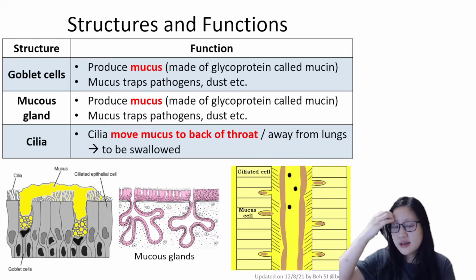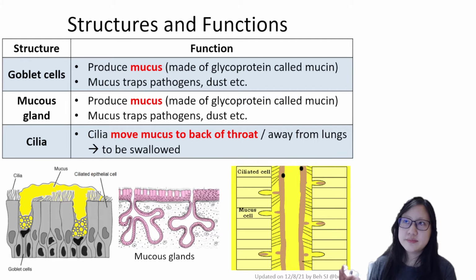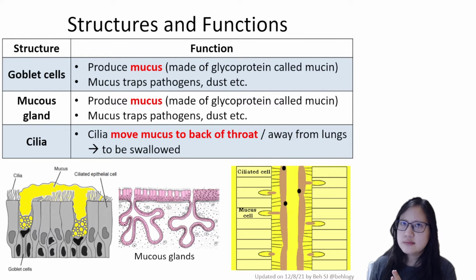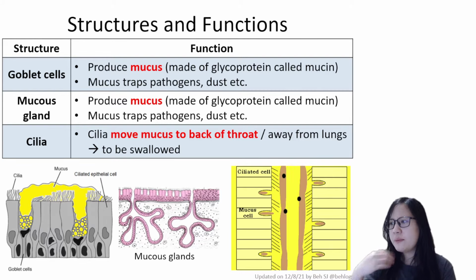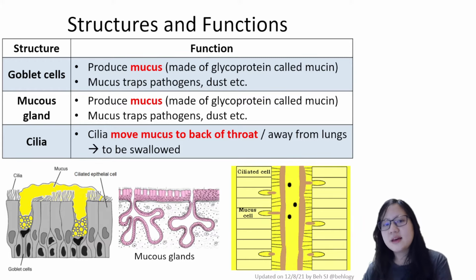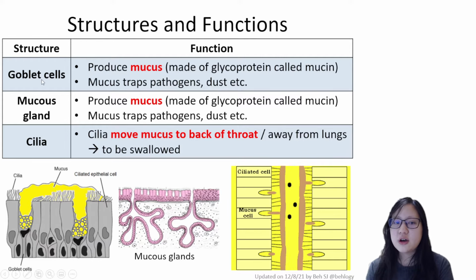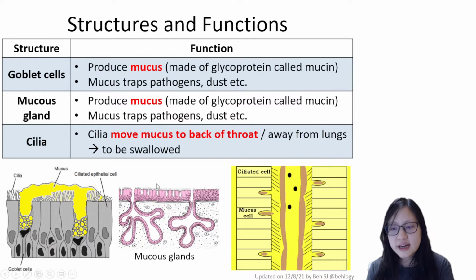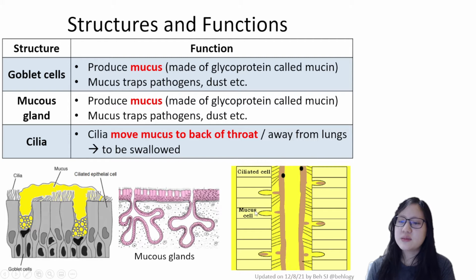Yay! So you actually eat your own mucus naturally, but it doesn't come out of you, it just goes to the back of the throat and then into your digestive system. So that is the function of goblet cells, mucous glands, and cilia. And it's really important. It's a protective function.